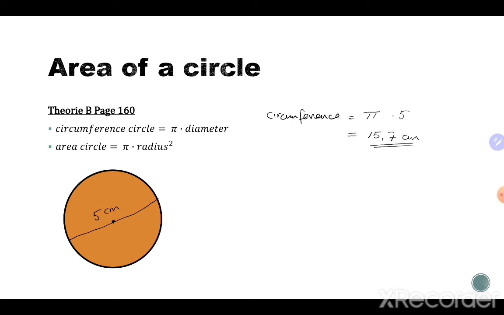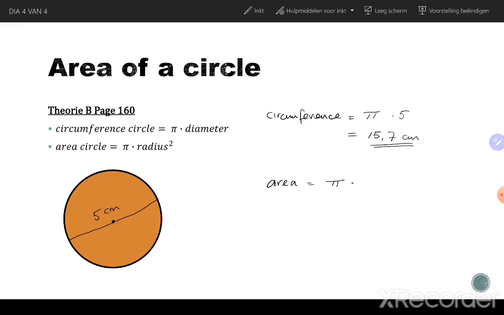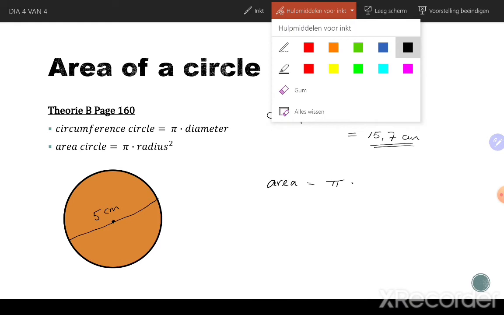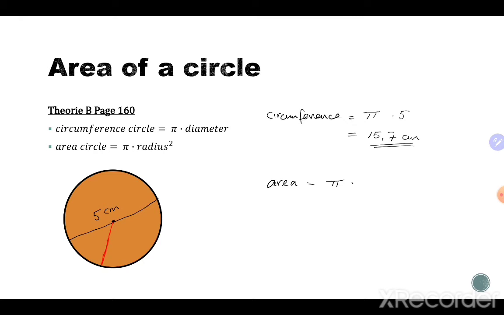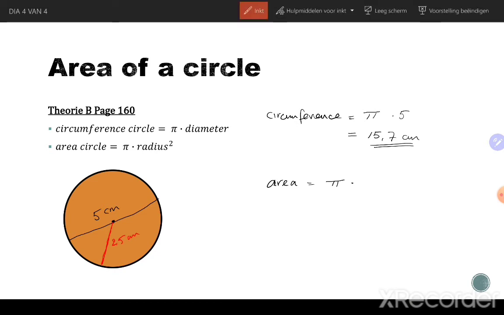Today we're going to learn how you can calculate the area of the circle, because the area of the circle was pi times the radius to the second power. Now if the diameter is 5 centimeters, then the radius is half of 5. This is the radius, so that's 2.5 centimeters. We need to use the 2.5 here to calculate the area.